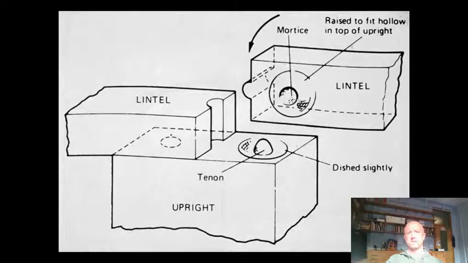A mortise is a kind of inset in the stone. And you see here the tenon, the thing that fits into that inset to hold it in place. And then you even have a little protuberance over here to hold these things together. So very, very carefully constructed. It took a lot of work to make these things fit together.